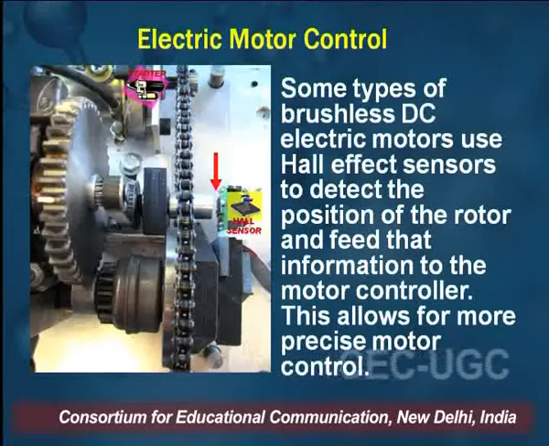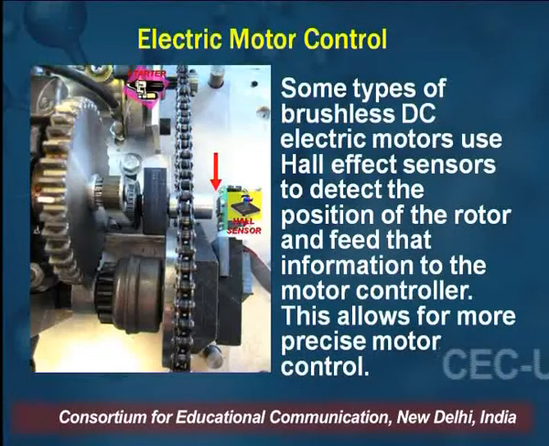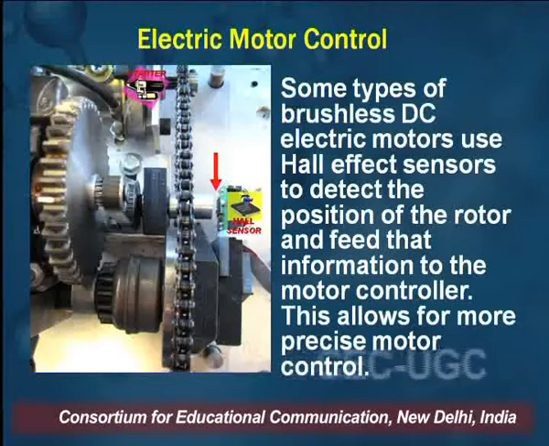Some types of brushless DC electric motors use Hall effect sensors to detect the position of the rotor and feed that information to the motor control. This type of Hall effect sensor is used to control the motors, and this allows more precise motor control. On the left hand side we are seeing inside the motor, and the sensor gives the positioning information.